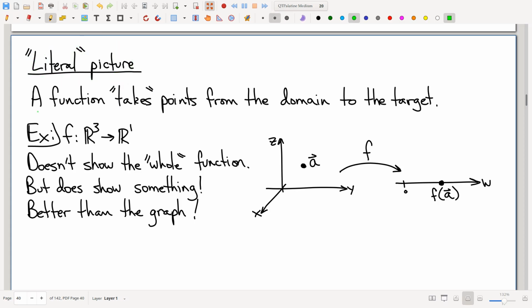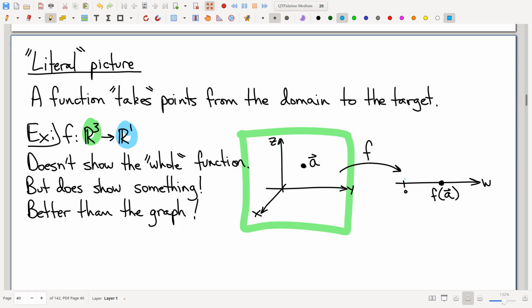The reason I call it the literal picture is because you are literally going to take the domain and we're going to draw it. There's my drawing of the domain, R3. That's how I draw 3-dimensional space, right? And then I'm going to take the target, R1, and I'm going to literally draw a picture of R1, the real number line, right? That's how we draw that.